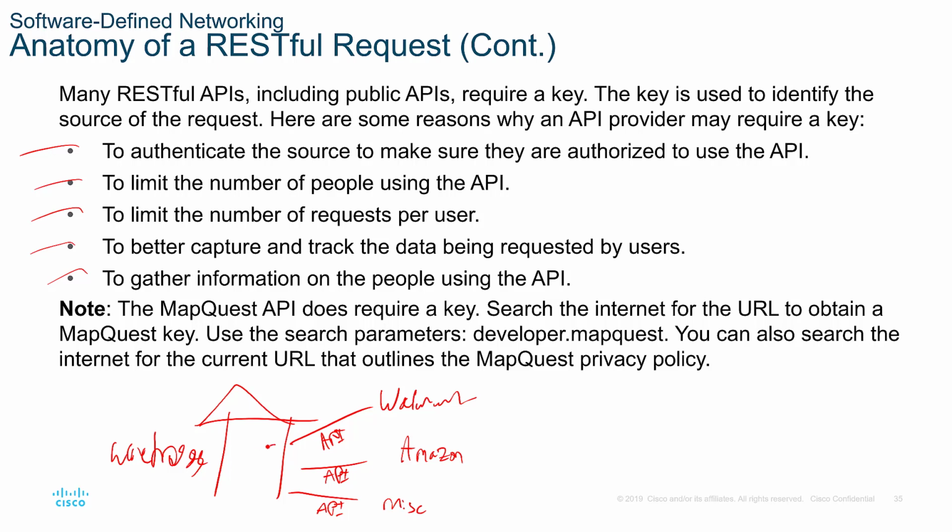Well, the warehouse can see how many orders are coming in for Walmart, how many orders are coming in from Amazon, how many orders are coming in from these miscellaneous providers. That way they can see who actually has the majority of their business. That way they may say, well, Amazon is only allowed X amount of orders, or Walmart's only allowed X amount of orders. That way other vendors might be able to better capture some of that. All of this is so that we can limit or track the numbers of people and or requests coming in. That's the entire purpose here. And all of this is part of the software-defined networking section.